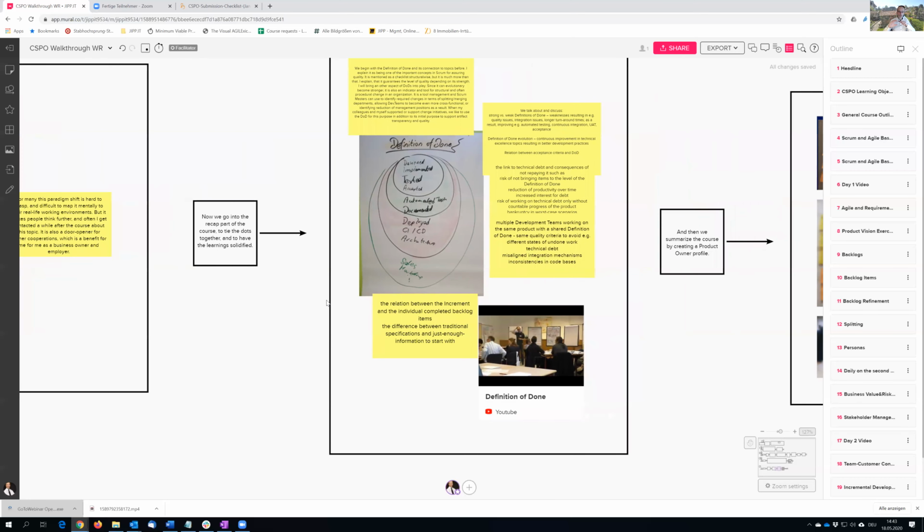This very often means that the entire organization needs to change, the setup, the structures, the processes, everything. So the definition of done is almost something like a change tool for the organization, right?